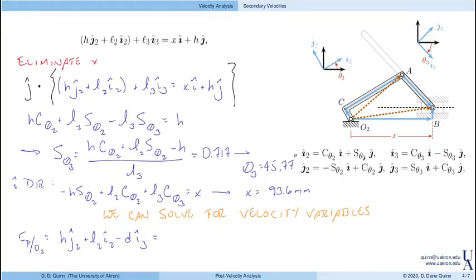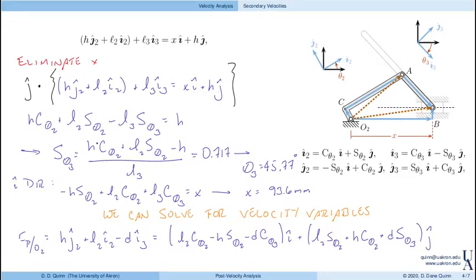If I use these directions and write this in terms of I and j, in the I direction I get L2 cosine theta 2 minus h sine theta 2 minus d cosine of theta 3. And in the j direction, I get L2 sine of theta 2 plus h cosine of theta 2 plus d sine of theta 3.